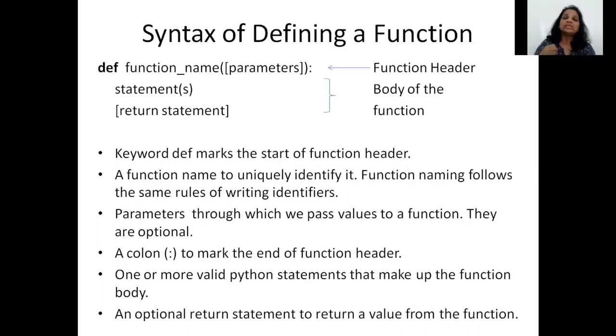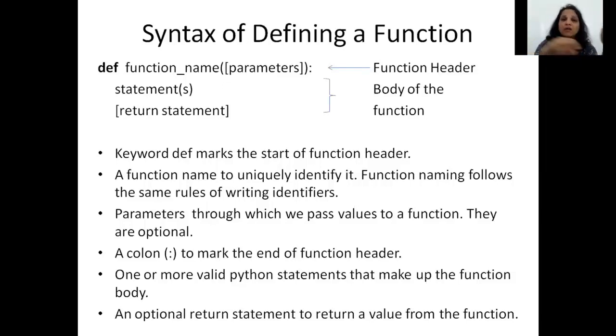Next, we go to how we write a function in Python, or what is the syntax for defining a function. Now, how do I start writing a function? To start writing a function in Python, we start with a keyword named def, D-E-F. After specifying the keyword def, we specify the function name. After specifying the function name, we specify the parameters that this function will be using.